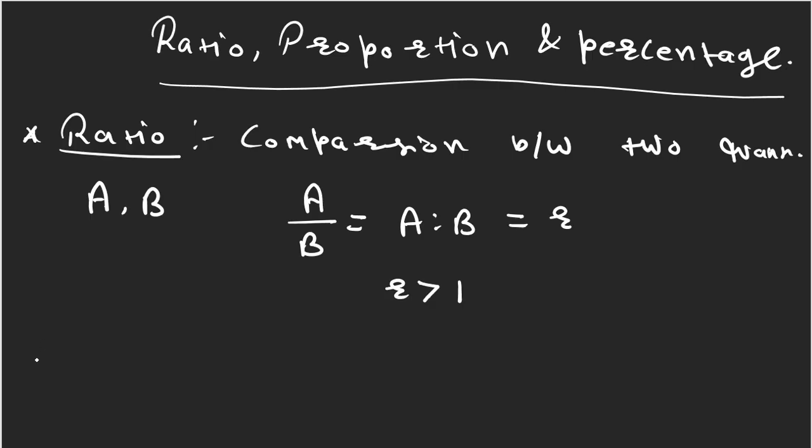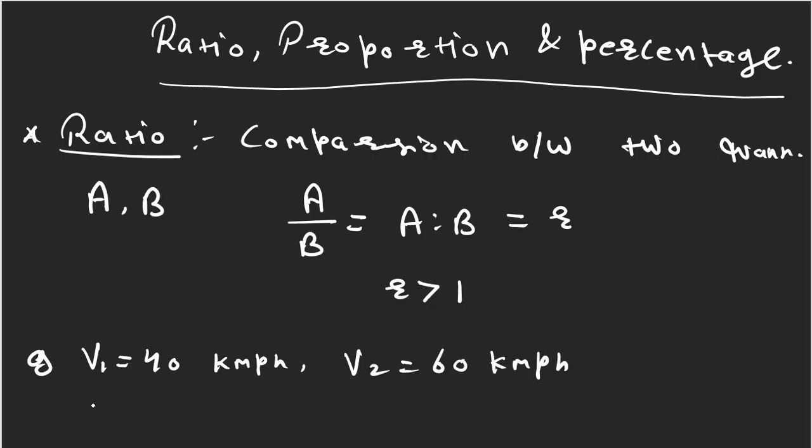Suppose we have a question. We have two cars. The first car is moving with 40 kilometer per hour and the second car is moving with 60 kilometer per hour. What will be the ratio of first car speed to second car speed? It will be 40 by 60, and this will be 2 is to 3. One thing is very important here: ratio will not give us the absolute value of a quantity.